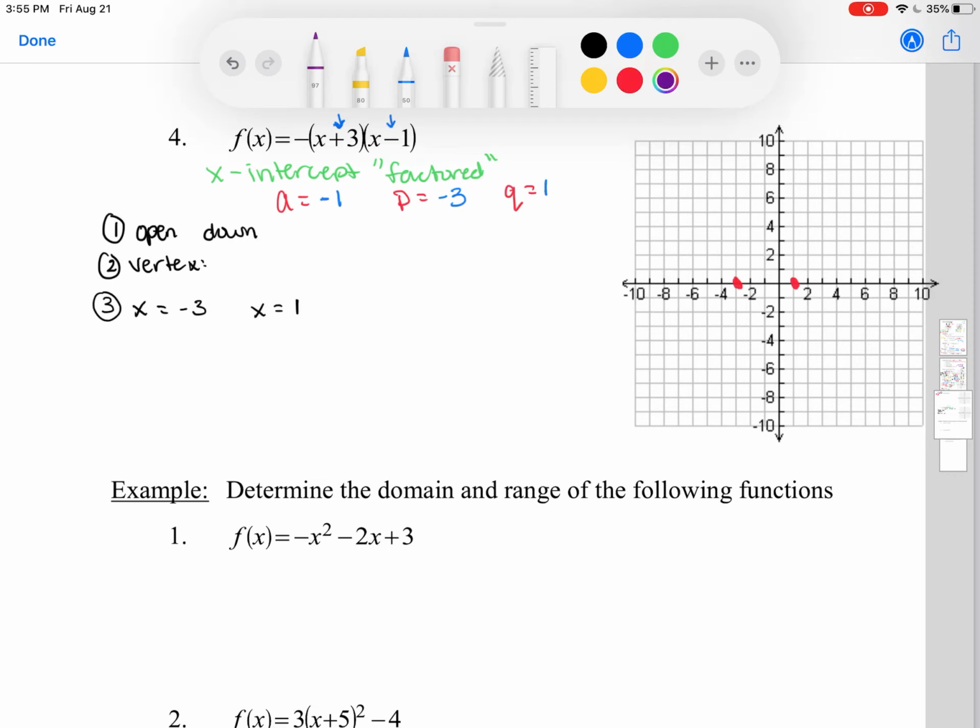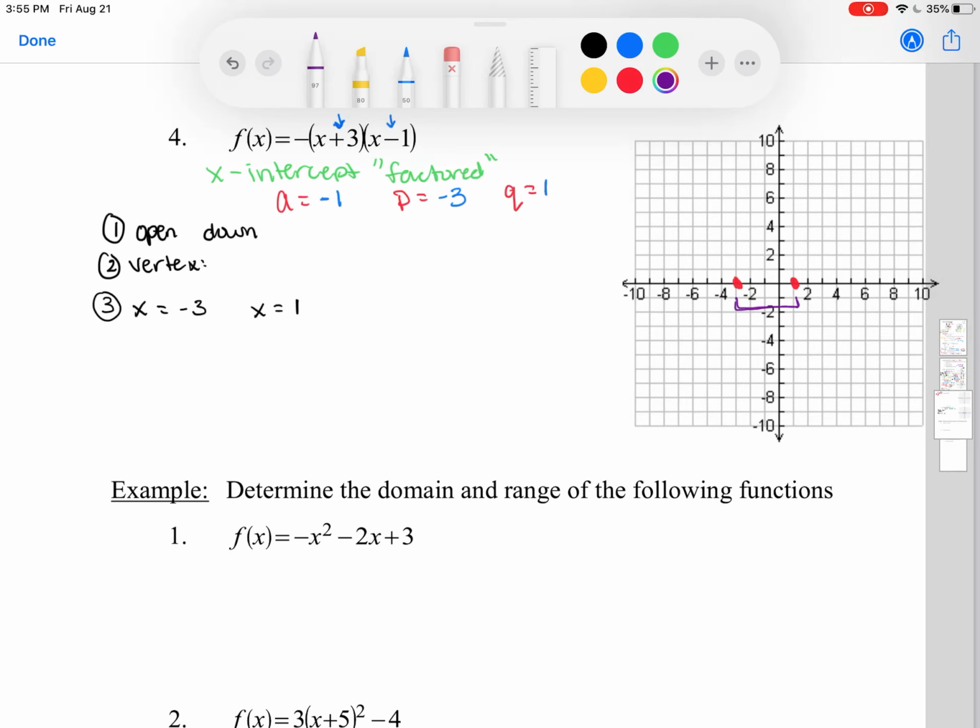Now, we talked about this earlier, that when you have your x-intercepts, in order to find your vertex, it's going to be the point in which you are exactly halfway between your 2 x-intercepts, remembering that our vertex will always split our graph in half. So, from -3 all the way to +1, I've gone a total of 4 spaces, 4 cubes, if you will.